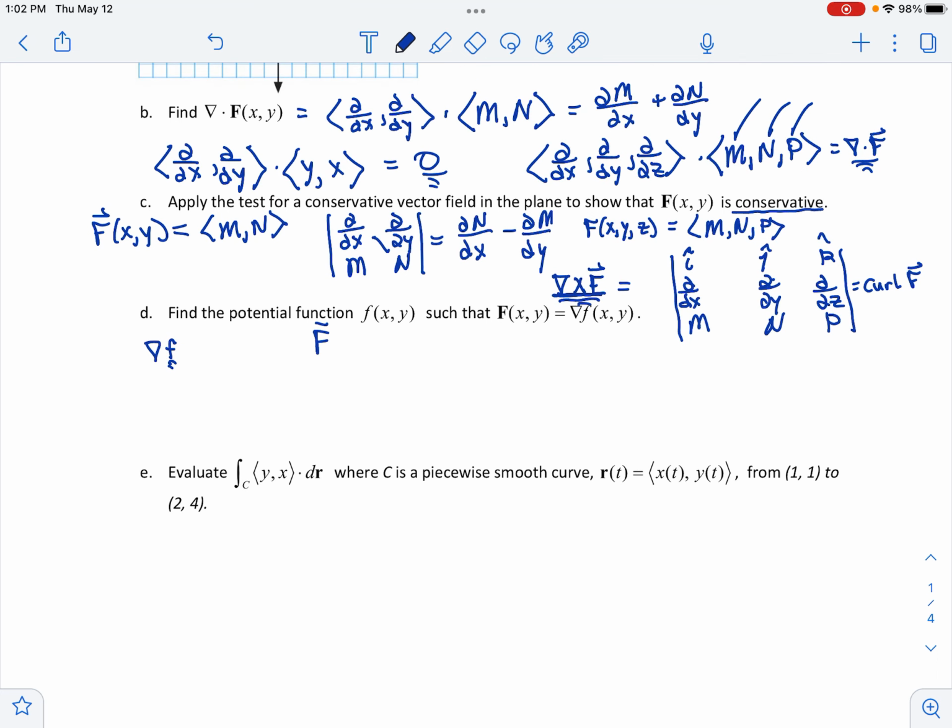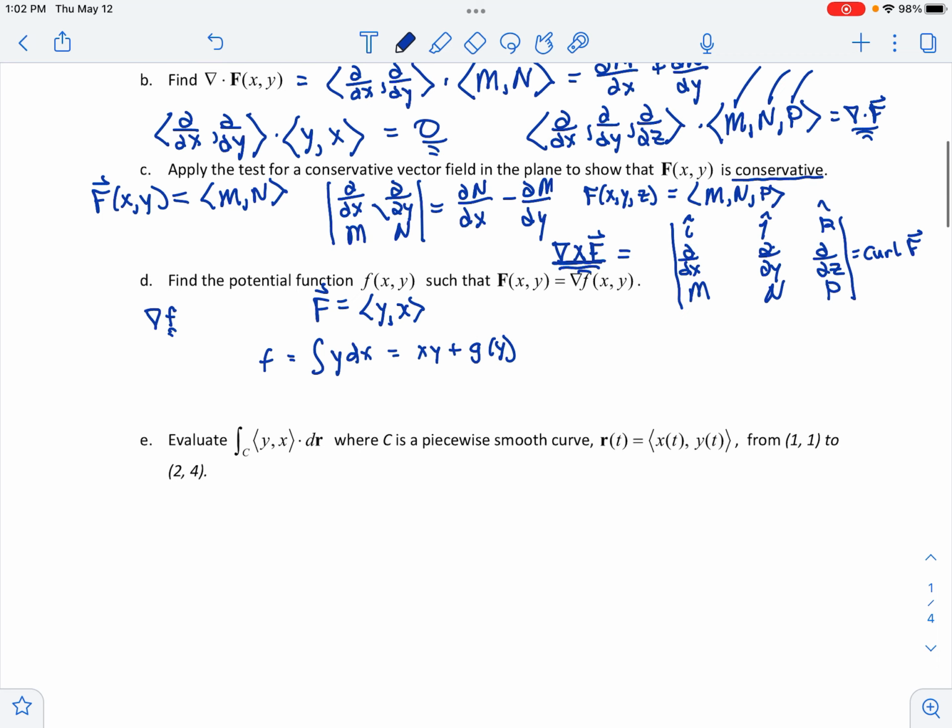So I've got the vector field here. And the vector field is yx. So let me just integrate. I'll take f, and I want to integrate y with respect to x. And that gives me xy plus some function of y.